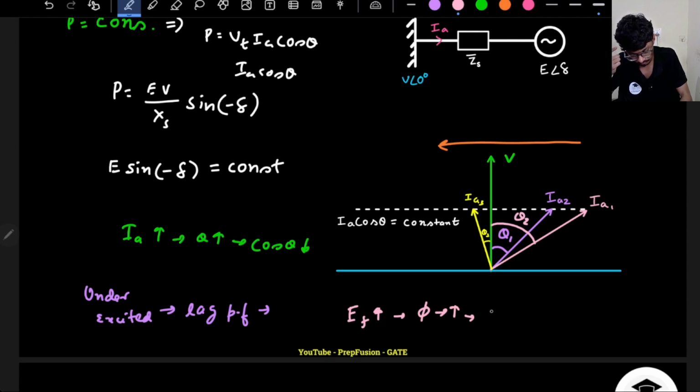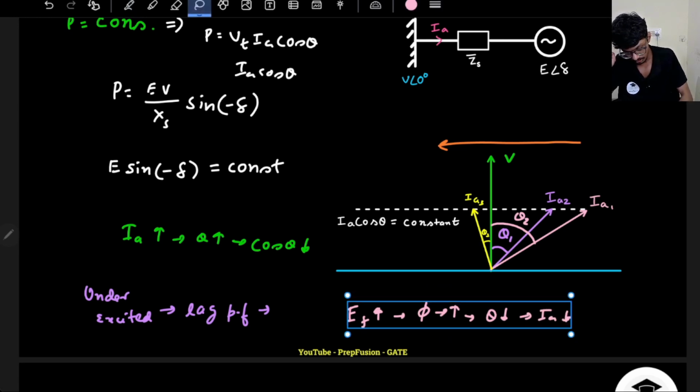That means your theta will reduce. Theta initially was very high, and if theta reduces, your IA current also reduces.